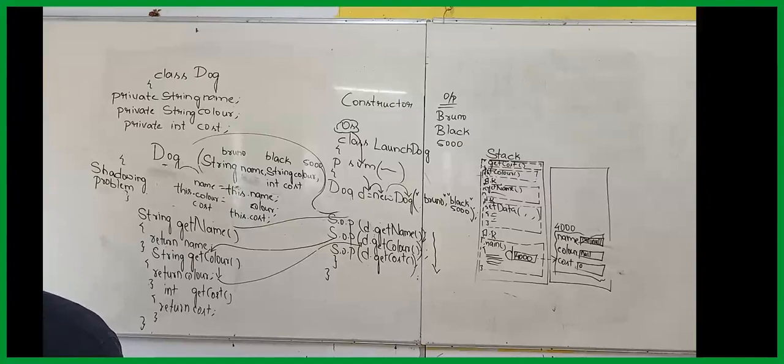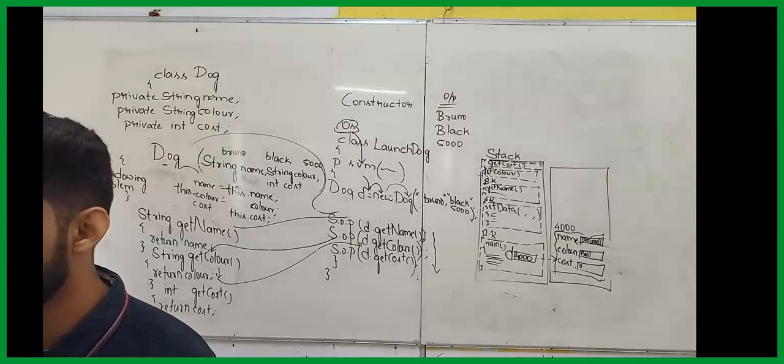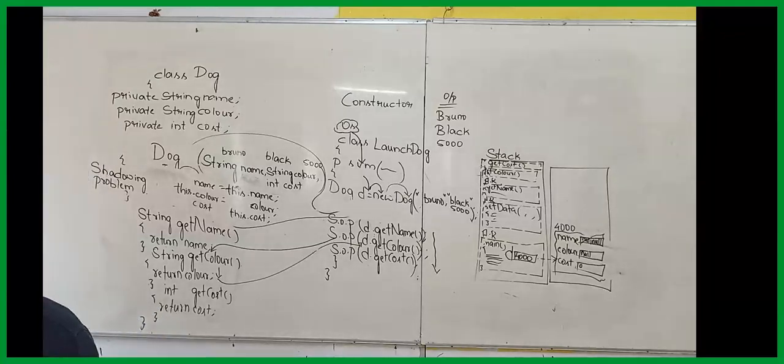the constructor concept I have introduced. Constructor is nothing but a special type of setter which is used for setting the values of instance variables. We call this a special type of setter as the name of the constructor will be the same as your class name, and there won't be any return type for it.